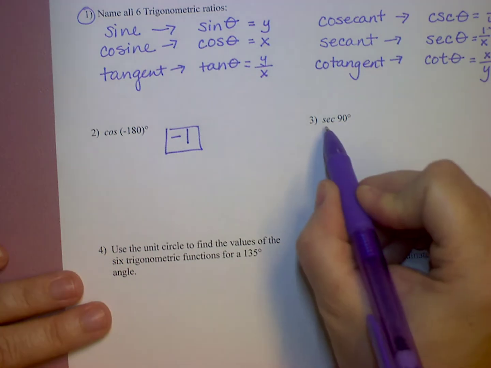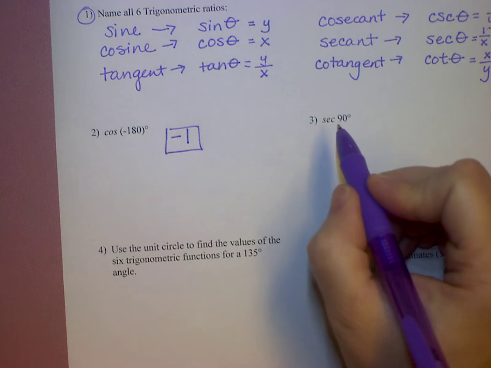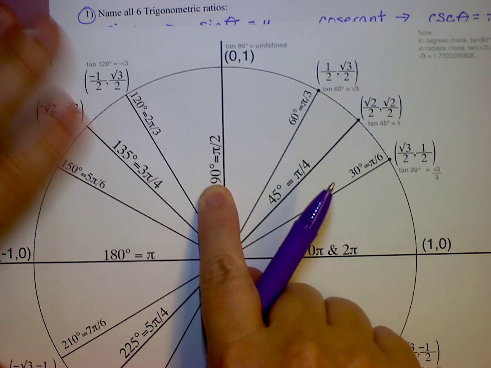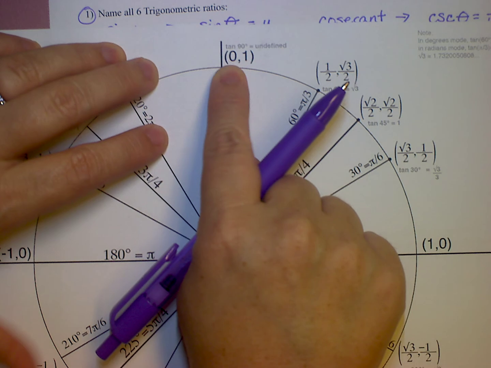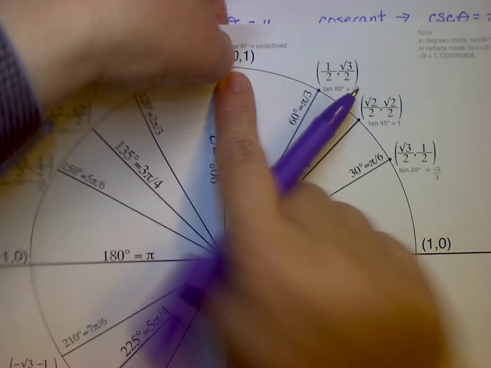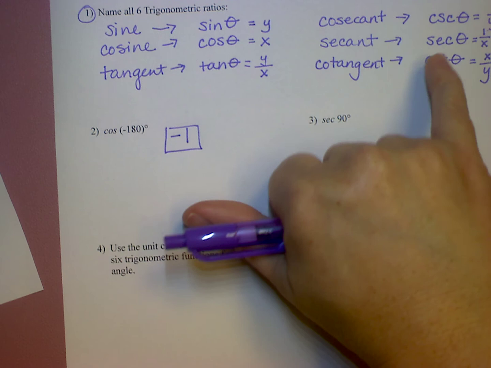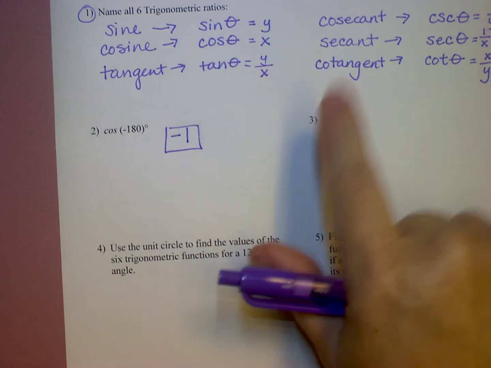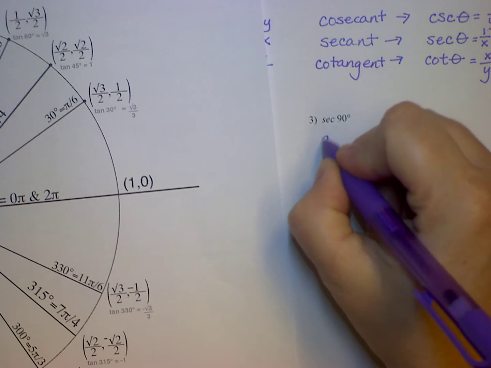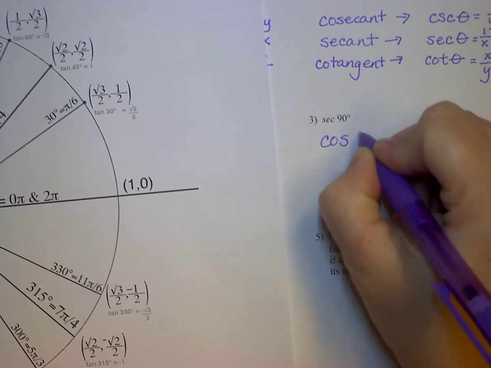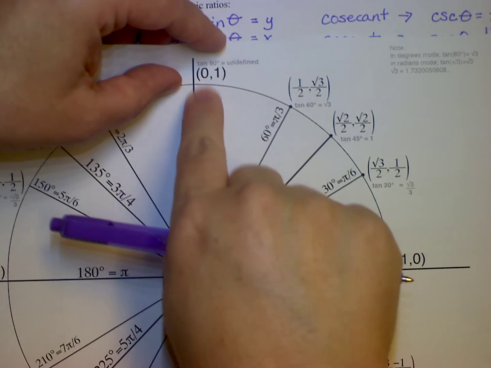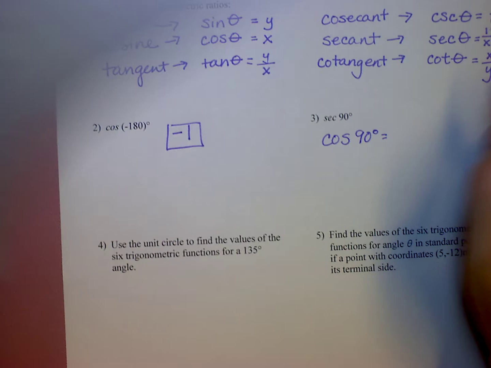Secant of 90 degrees. Well, first off, 90 degrees, I know where that is, right? 90 degrees is right here. But let me go back for a minute. Secant is the reciprocal of cosine. So I'm going to start off asking what is the cosine of 90 degrees? Well, 90 degrees, cosine is x, which is 0.